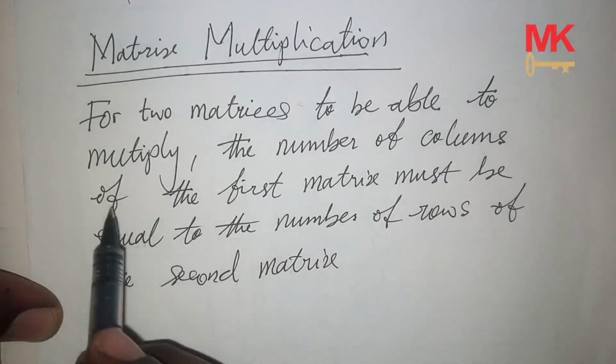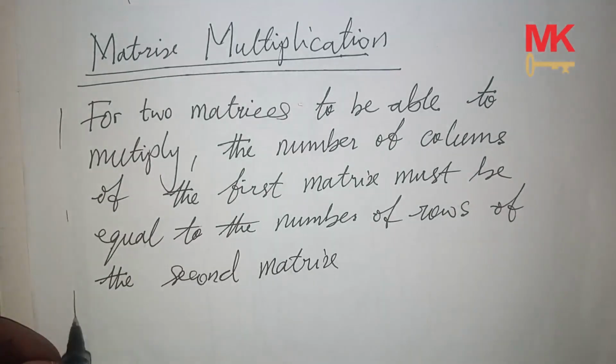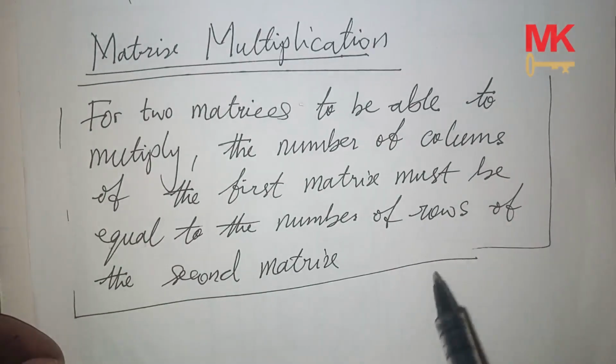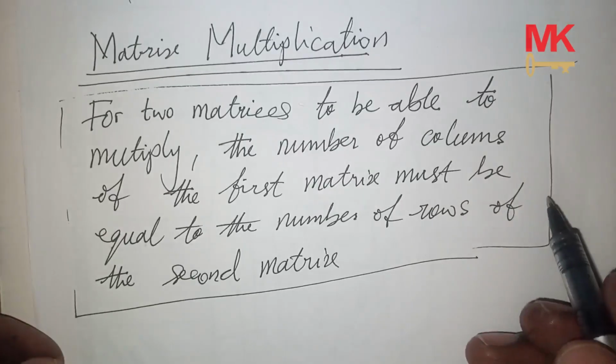Take note of this, very, very important. What this means is that it is not every two matrices that can multiply.